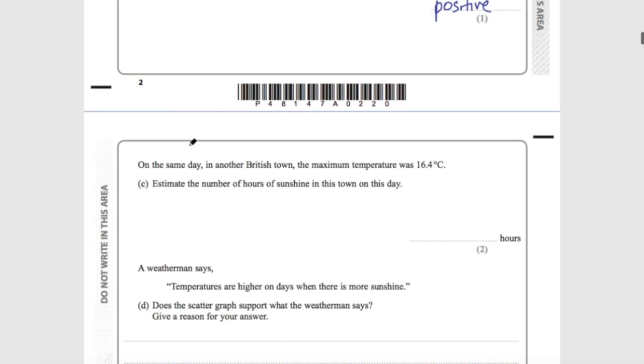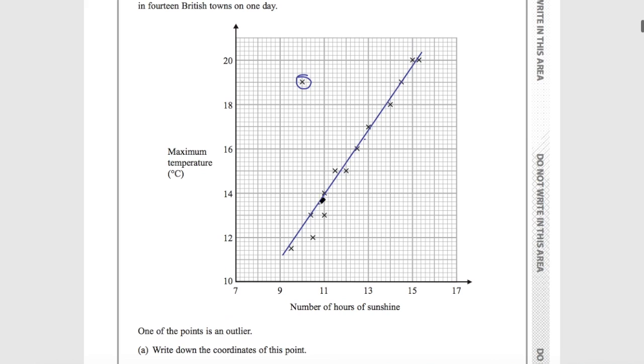Part C says, on the same day in another British town, the maximum temperature was 16.4 degrees. Estimate the number of hours of sunshine in this town on this day. We can go back to the graph and find 16.4 on the y-axis. If each of these squares is worth 0.2, 16.4 would be here.